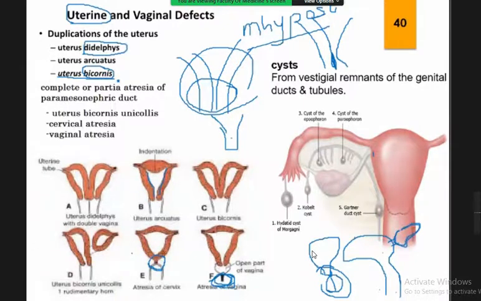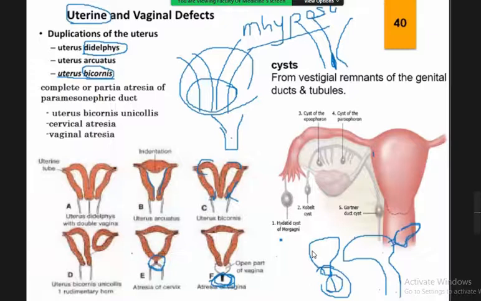But in the bicornuate, it is actually the horn itself that you are forming two horns, and you have two horns of the uterus that form, and then they eventually open up into a vagina, either with a double cervix, or it can be a double horn. They are not showing any horn here.